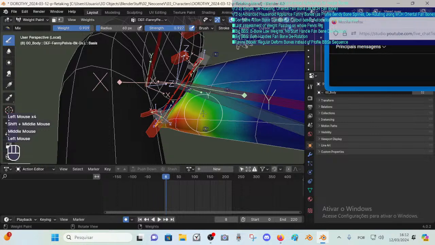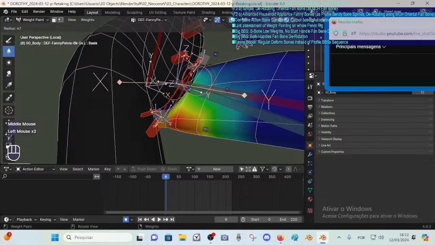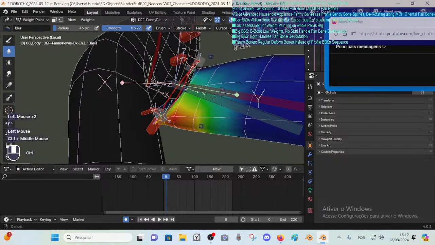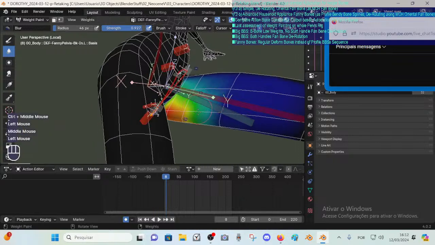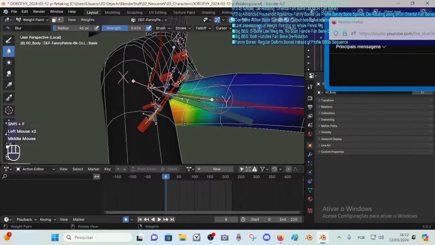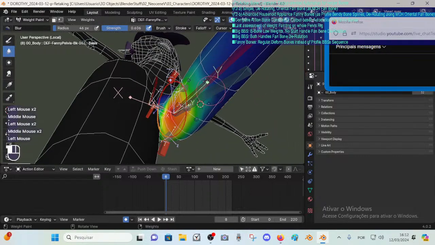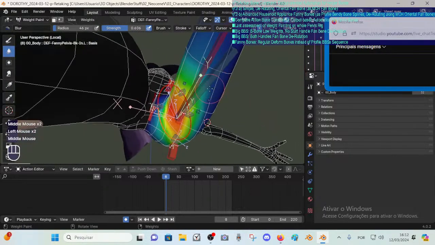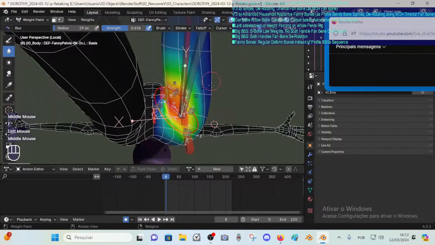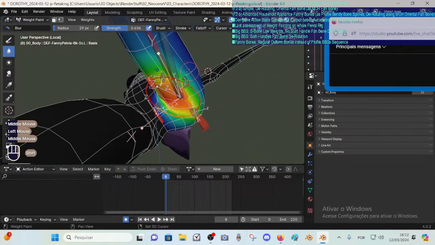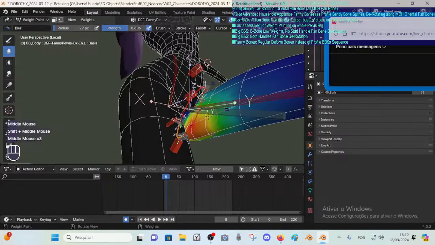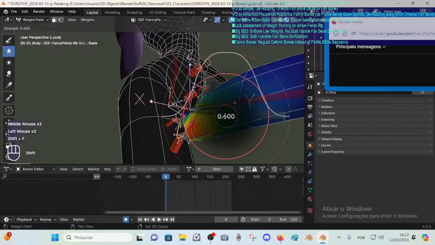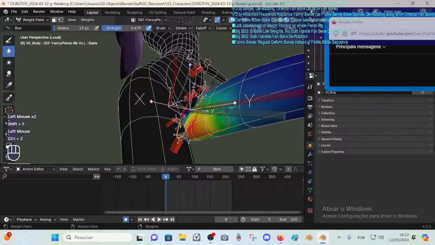And here, and that's it. And then the rest is blurring. So we're gonna blur all along here, yeah. And even the, yeah, reduce that.